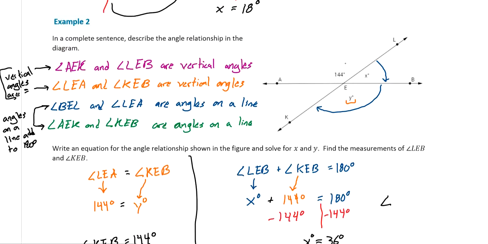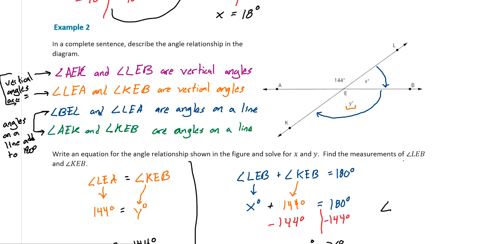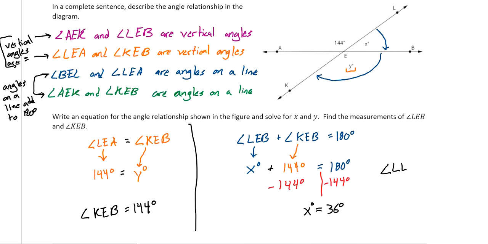So I would say the angle measure of LEB equals 36 degrees.